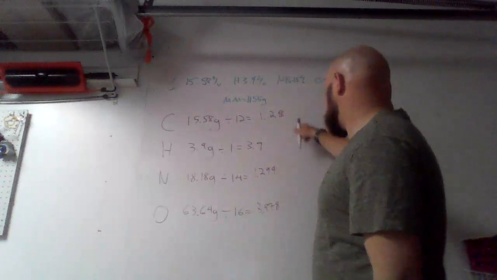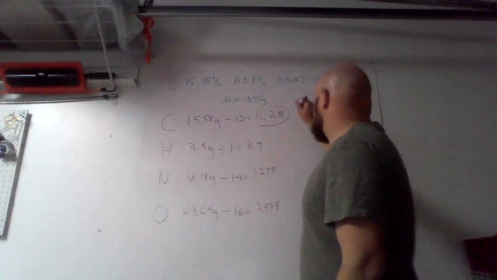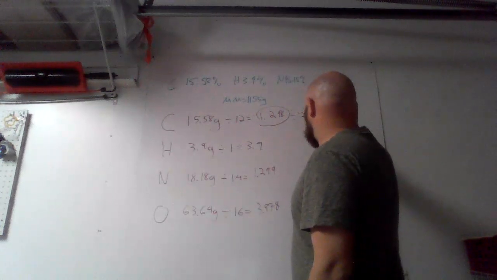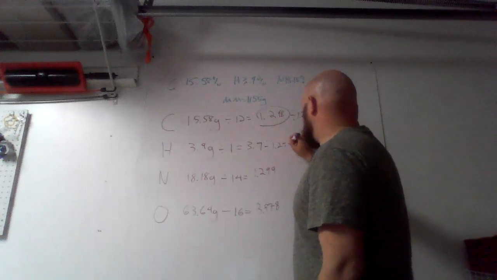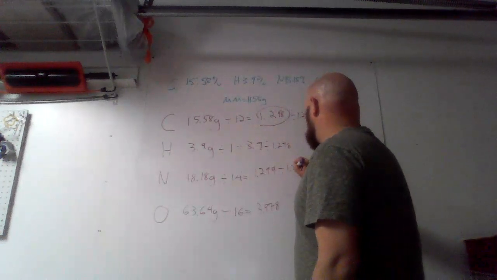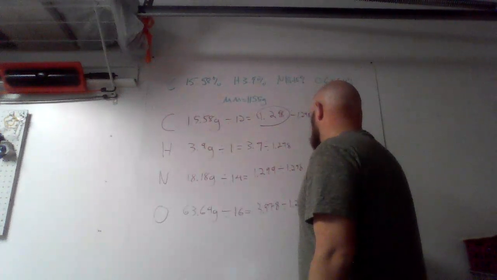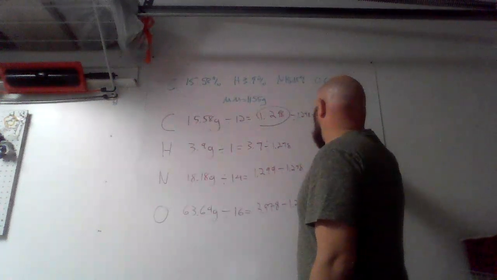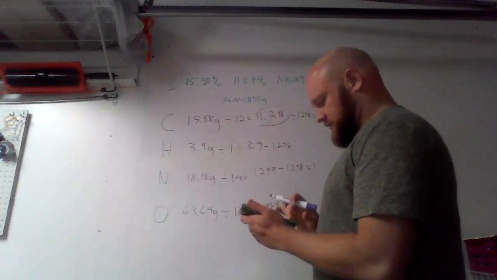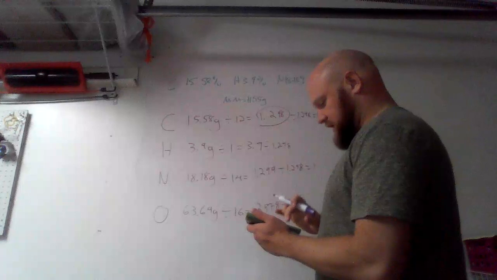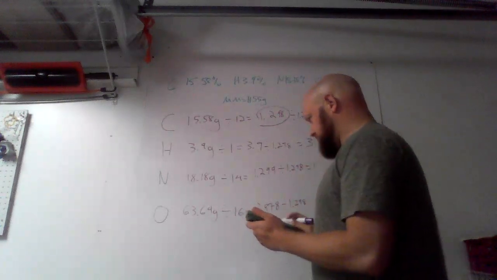I look at my smallest one, it's going to be 1.298, although these two are functionally the same. Divided by 1.298, divided by 1.298, divided by 1.298. This one's going to equal 1. This one's going to be functionally 1 when we round it. 3.9 divided by 1.298 is going to give me around 3.